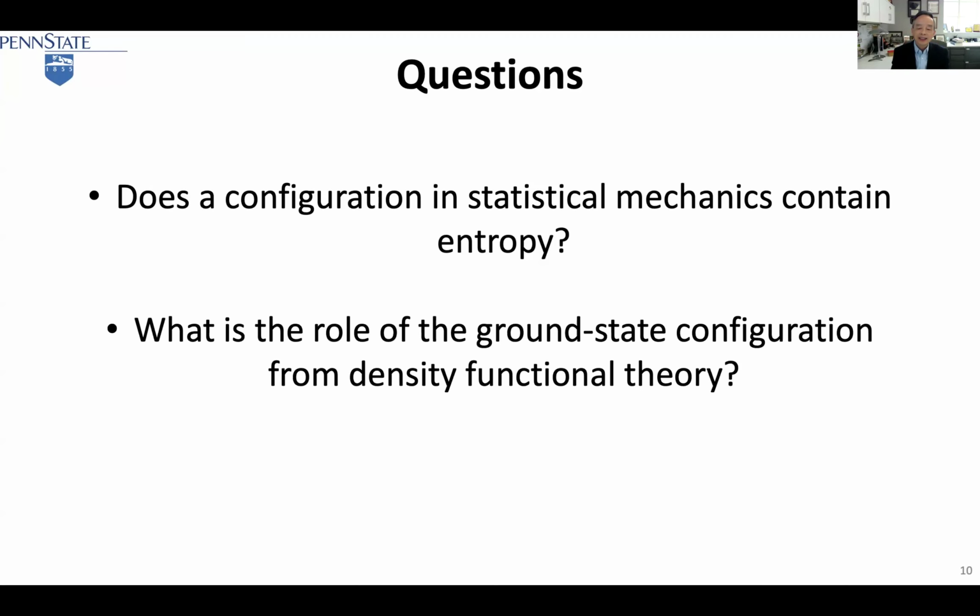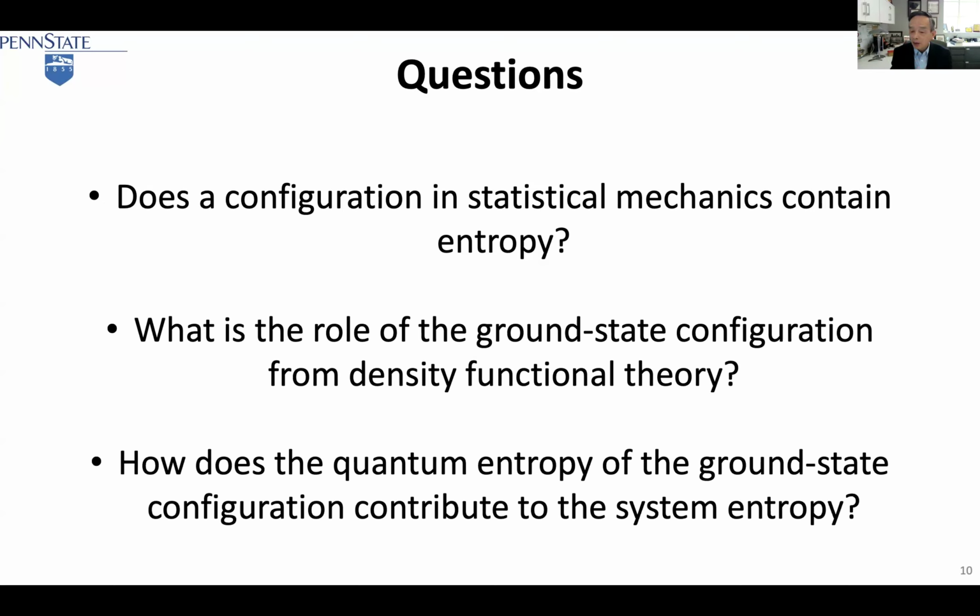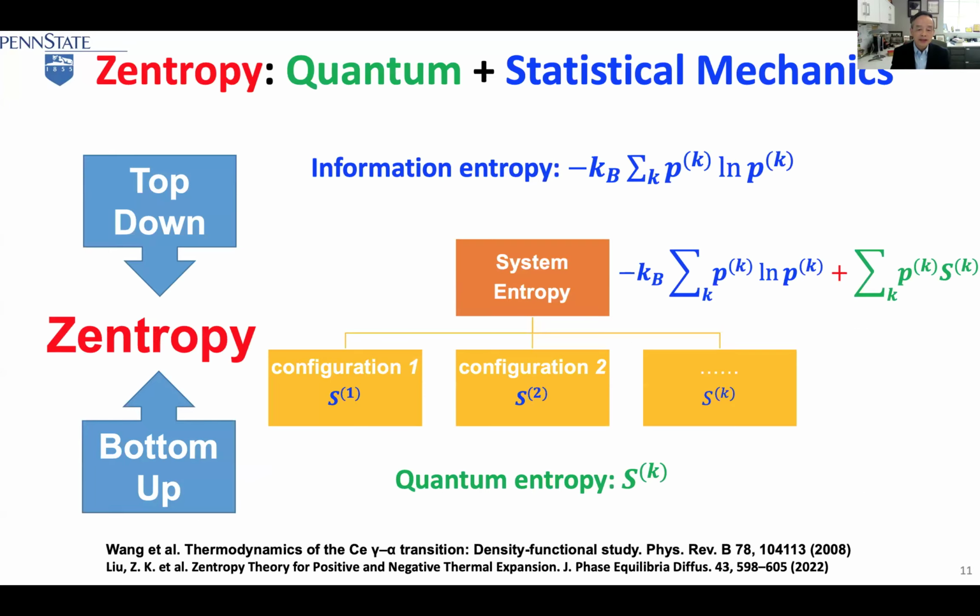And then from the quantum mechanics point of view, we can calculate each configuration's entropy. So how does that play a role? And now we also know that if we take a ground state, there's one configuration, but you have many configurations together. How do you put them together into the framework, which is not covered by the entropy we have seen so far? So what it means is that now we have to put two configurations together.